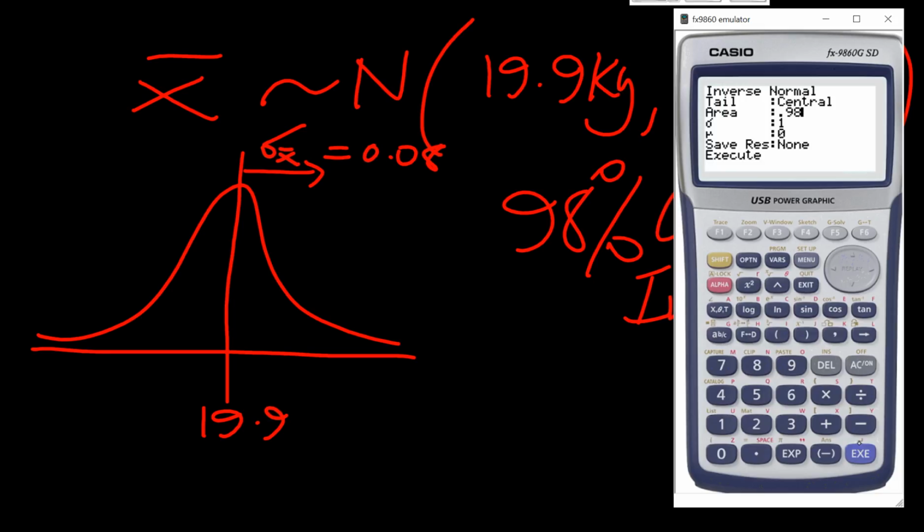We're looking for a Z value, so we leave sigma as 1 and mu at 0. And we press our execute button, and we get those two numbers. Those are our two Z values, the two extremes. So we've got minus 2.326 and plus 2.326. So let's mark them on our sheet.